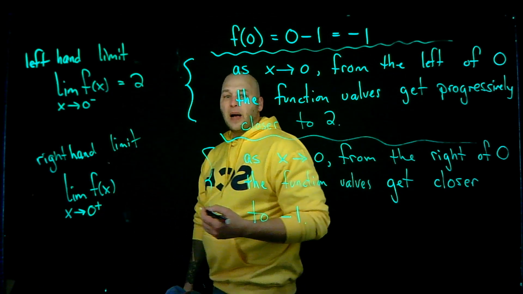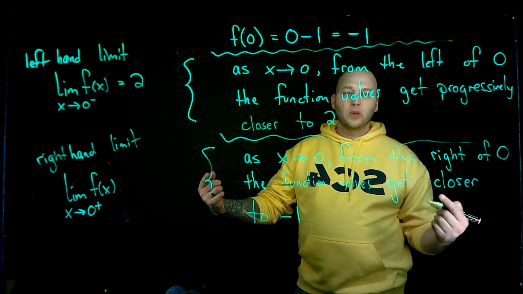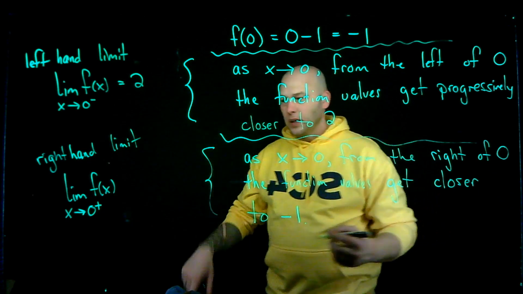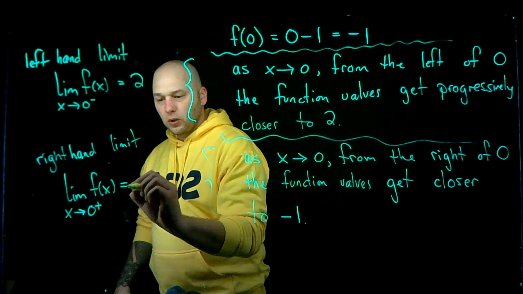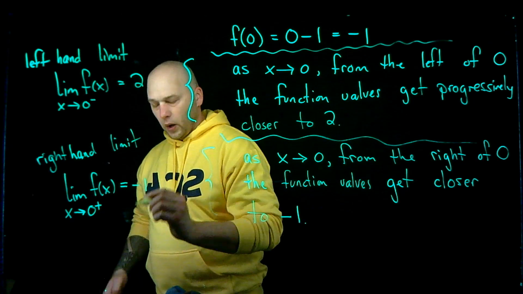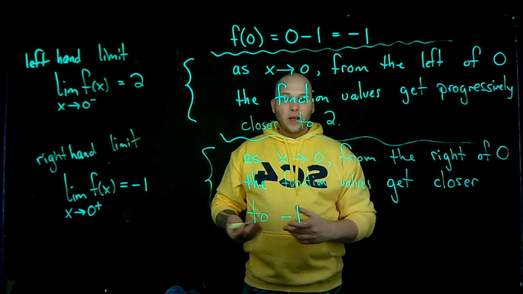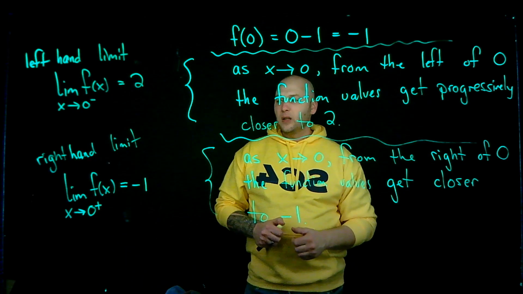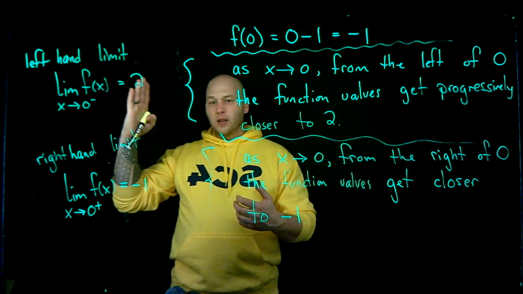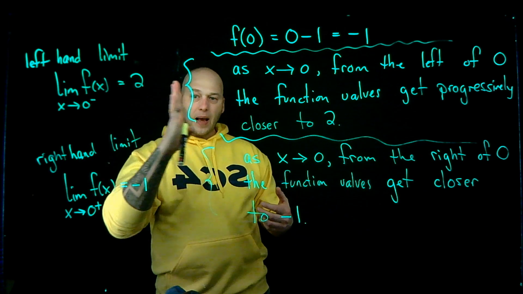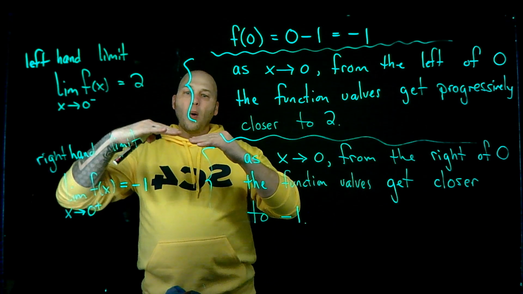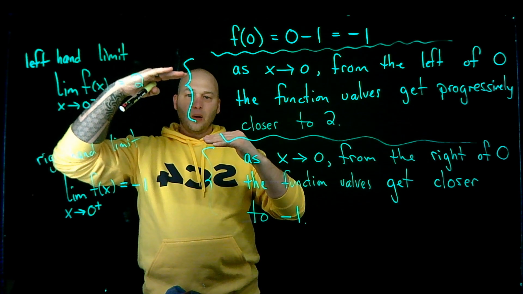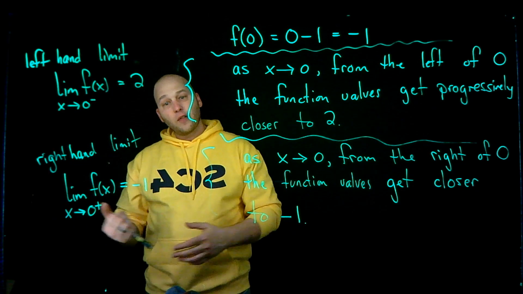It does not mean positive or negative values. It just gives me a direction, from the right or from the left. And this, in this case, was equal to negative 1. Okay. So that's what we mean by a left and a right-hand limit: as the x values progress closer to a number from either the left or the right, what are the y values progressively getting closer to? And that's different from a function value.